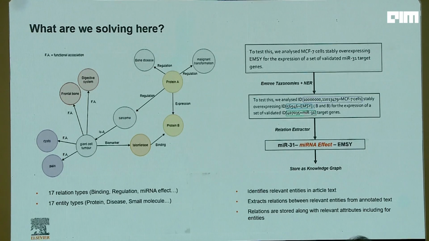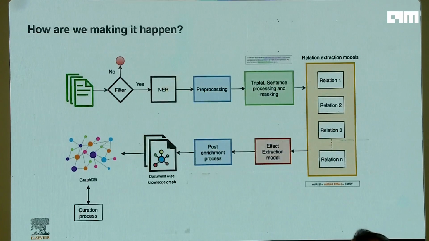And in this scenario, we see that MIR35 has a microRNA effect on MC. And once we have these relationships extracted, we put it into our knowledge graphs. Similarly, we support around 17 types of relationships and 17 types of entity. So this was our main problem that we were solving. Now, how are we solving it?